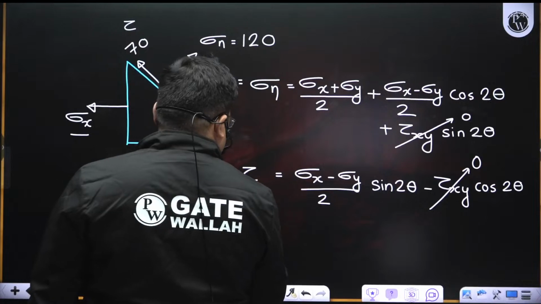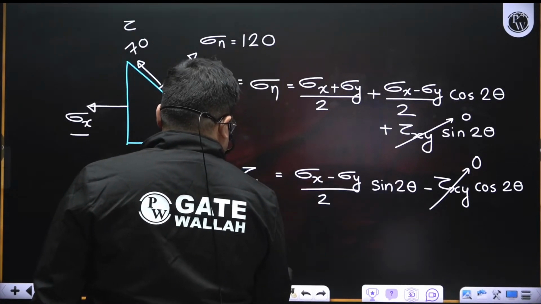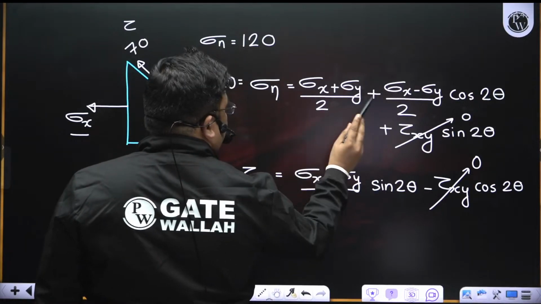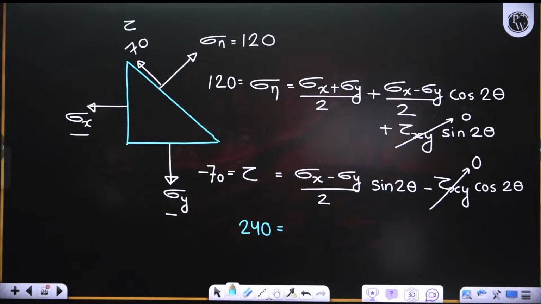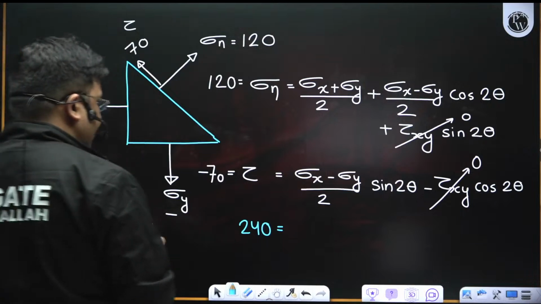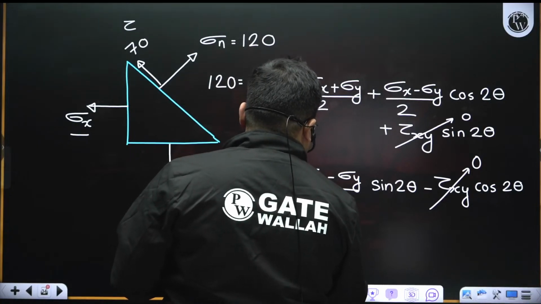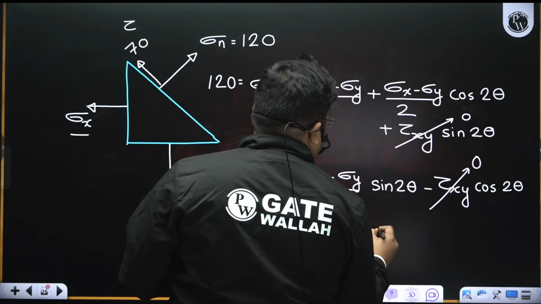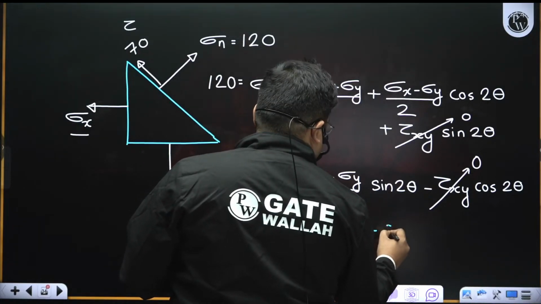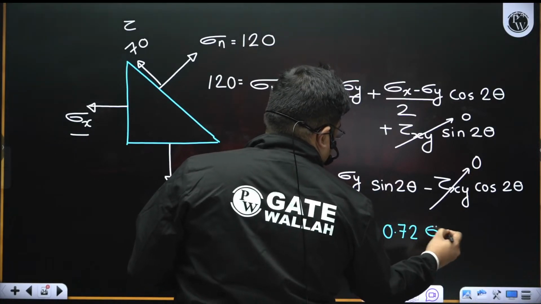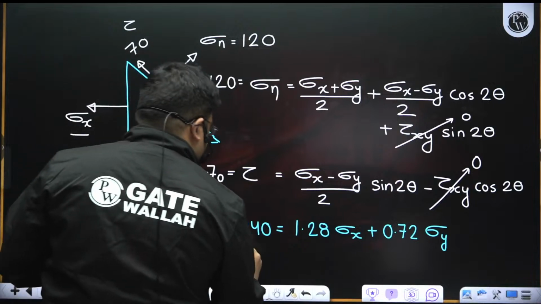You can take this to this side, cos 2 theta. From this I will get this equation, and from this I will get the other.